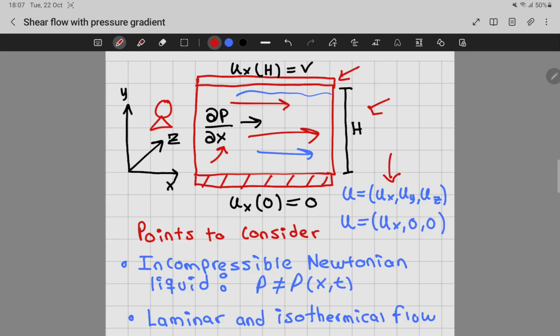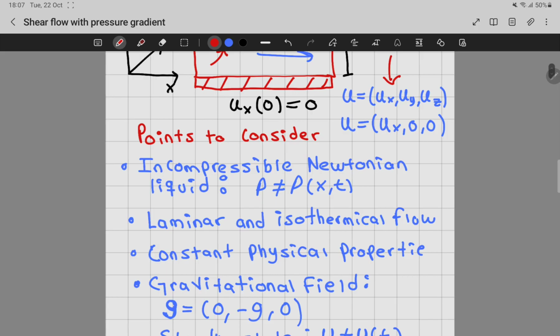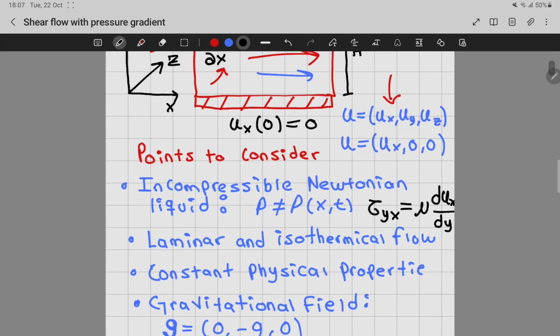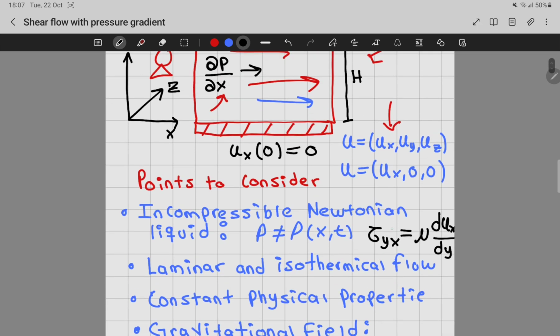Let me mention some points to consider. We will assume an incompressible Newtonian liquid. That means that the fluid will follow Newton's law of viscosity, which, if you remember, is this equation. So that means that the diffusive flux of momentum is going to be equal to the product of the viscosity multiplied by the gradient of the velocity.